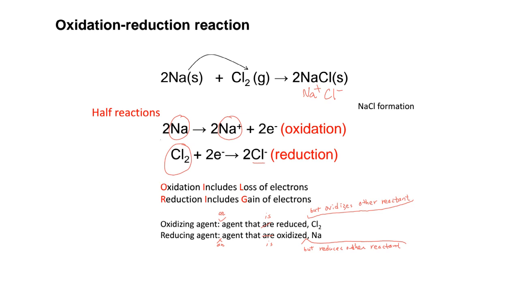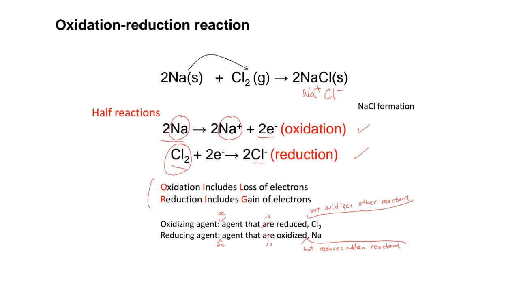So since we have two sodium atoms, they will lose 2 electrons. If it is one, just 1 electron. And these 2 electrons are gained by the chlorine molecule and produce 2 chloride anions. So since the sodium lost the electrons, it will be oxidation. On the other hand, chlorine gained 2 electrons, so it will be a reduction reaction.